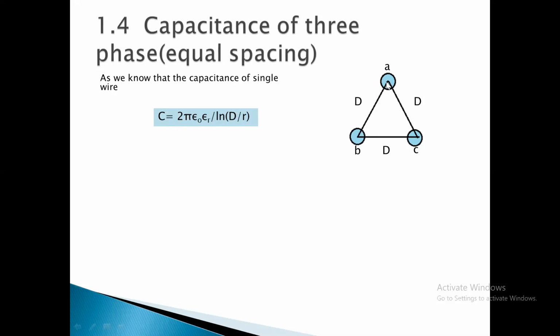If I want to calculate the capacitance of A, then I will just go for the distance from here to here and the distance from here to here. So I will get 2 D's, this and this, and the number of D's, 1 divided by 2. I'm writing here, maybe you didn't get that.